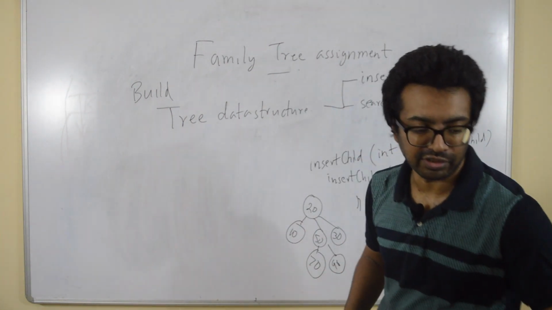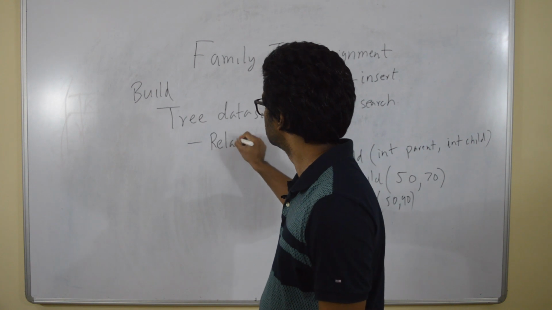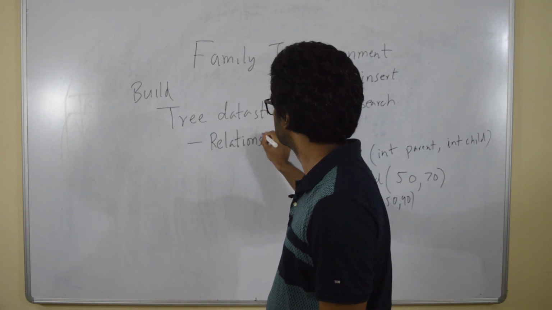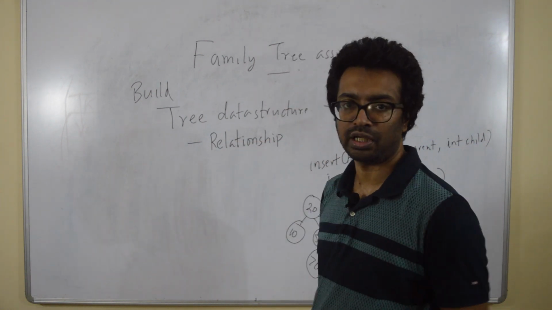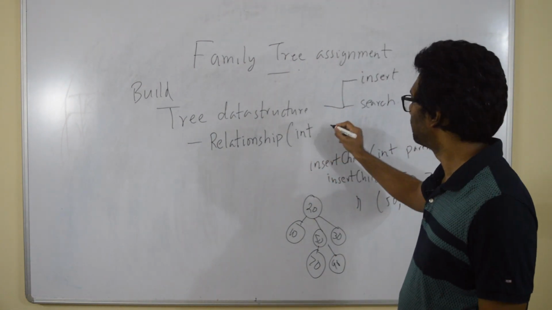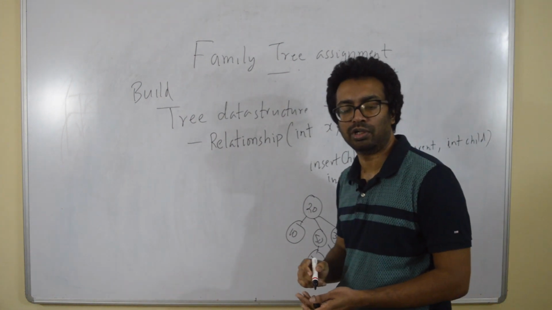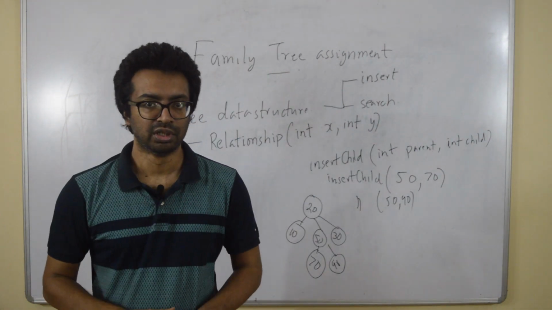You also have to write a function called relationship. I'm going to give you two numbers, int x comma int y, and you have to tell what is the relationship between these two nodes.